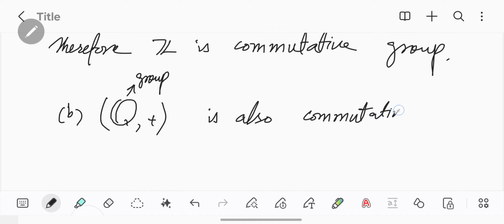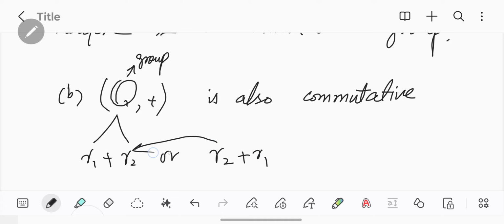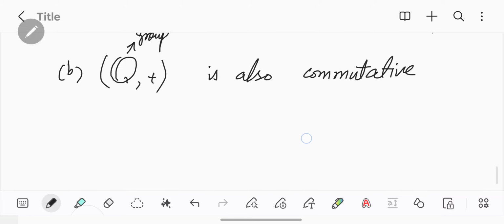Why is it commutative? Because if you add any two rational numbers R1 and R2 this way, or you add R2 and R1 this way, you will end up with the same answer. So this is true for any two rational numbers also, right? I'm not going to prove it, it's very clear from the context.